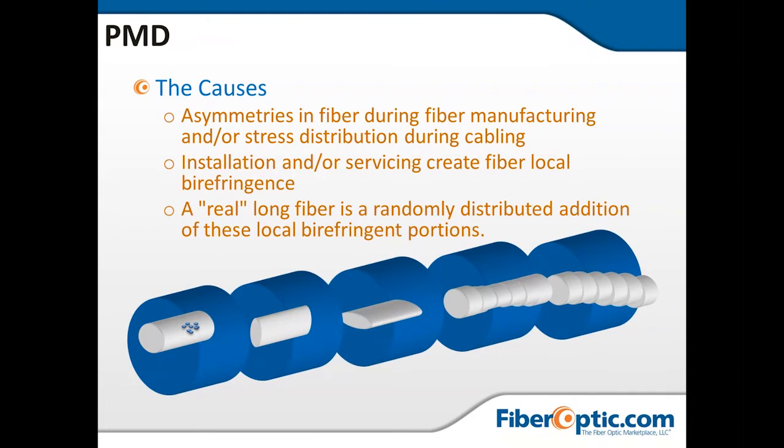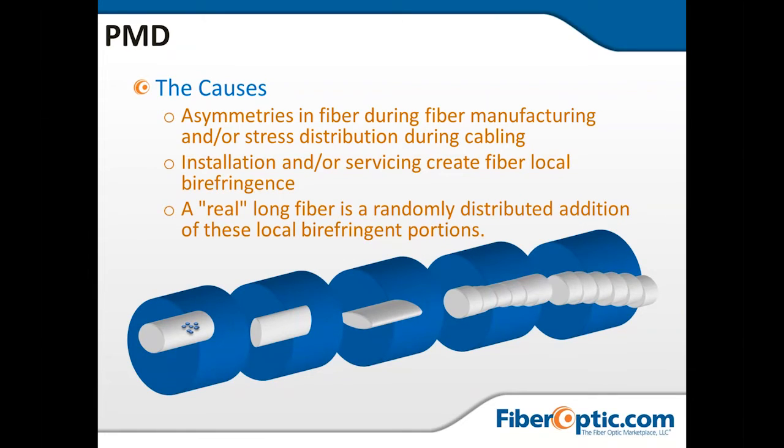And depending on how we splice it, we could either compensate or exacerbate the issue depending on the simple rotation of the fiber when it's being spliced in the machine with no knowledge, because we can't look at the fiber and say, oh, this is going to give us dispersion in that direction and this one's going to be, you can't see that.